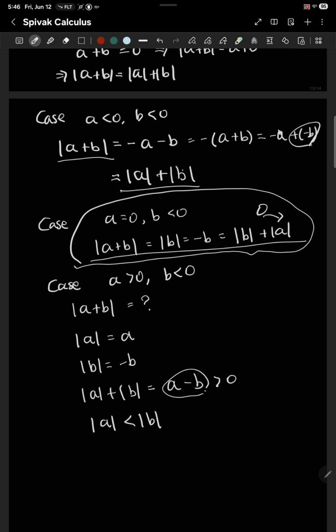In that case, the absolute value of b minus the absolute value of a is greater than 0.